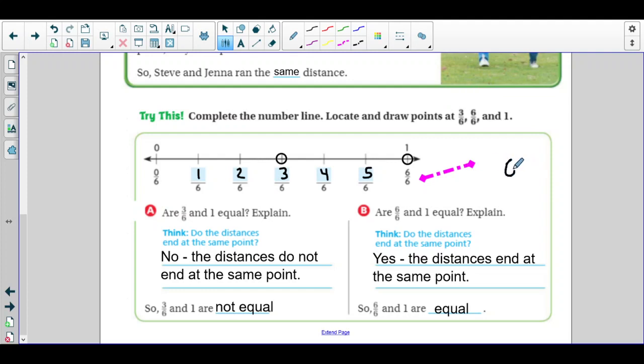Well, if we take 6 and we divide it by 6, we get 1, which is the same right there. All right. And we'll look at another example of this later on in this lesson.